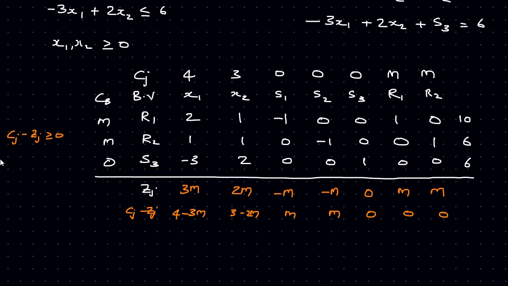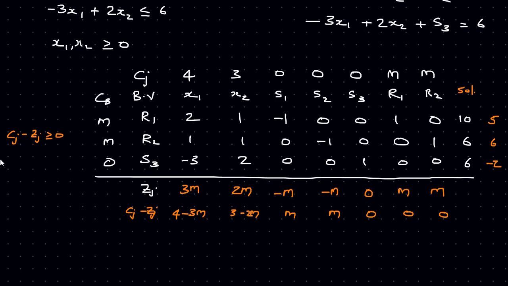Okay, so this will be our pivot column. So for getting the ratio we divide the solution values. So this is the solution value, so 10, 6 and 6, we divide that by 2, 1 and minus 3. So we get 10 by 2, so that's 5, 6 by 1, 6, and 6 by minus 3, that will be minus 2.